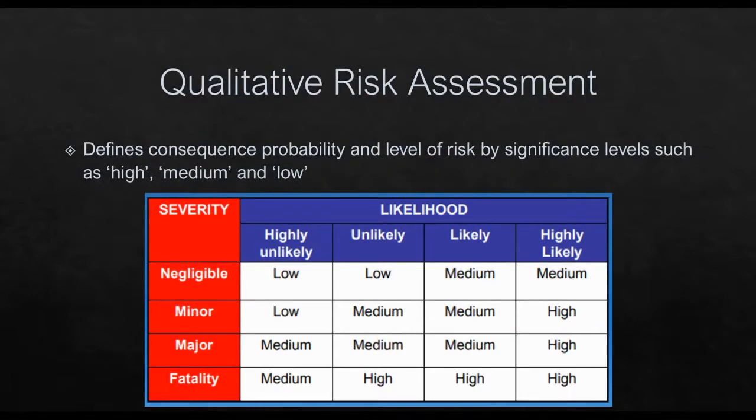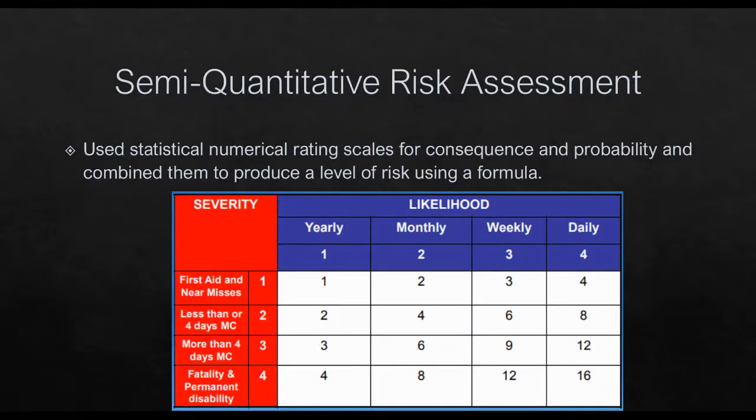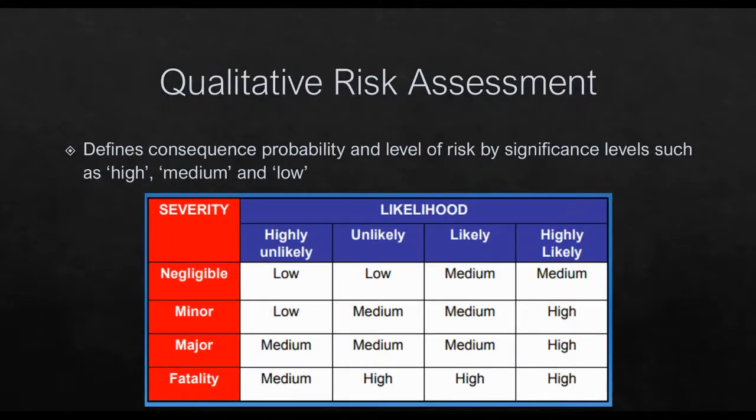And then the qualitative, semi-quantitative, this one is qualitative. The qualitative risk assessment is the third risk assessment approach. It defines consequence, probability and level of risk by significance level such as high, medium and low.